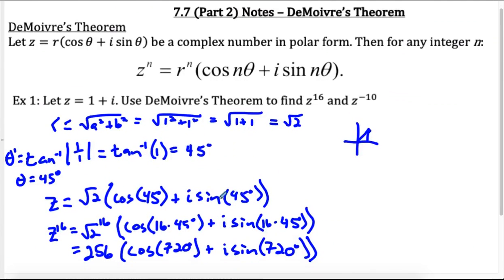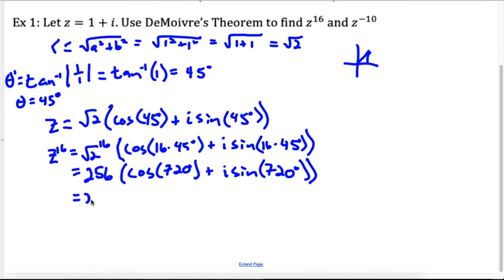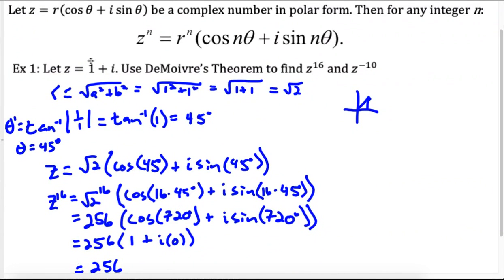So this would just become 256 times 1 plus i times 0. Distribute the 256, so 256 times 1 is 256. 256 times i times 0 would just be 0. So we get that 1 plus i to the 16th power is just 256.